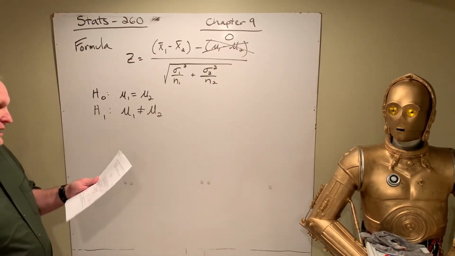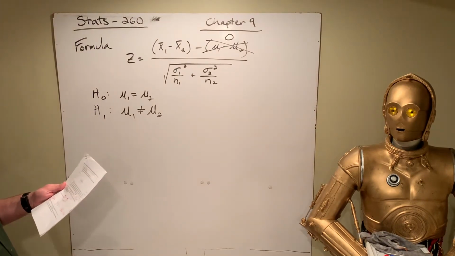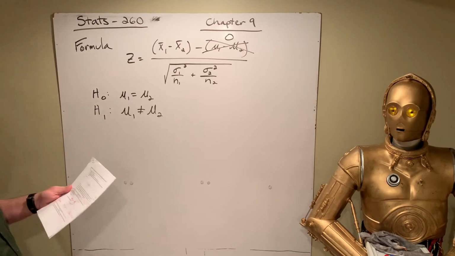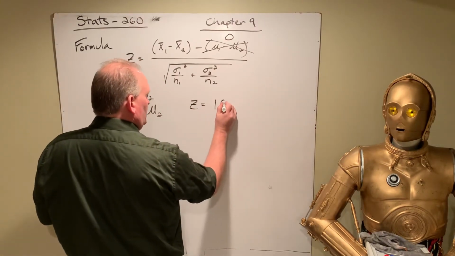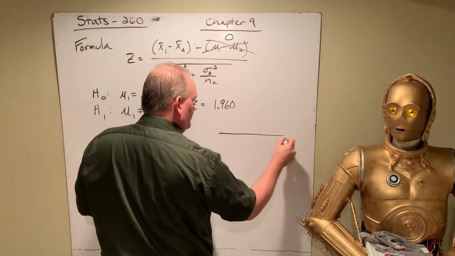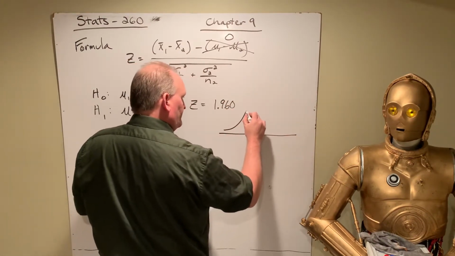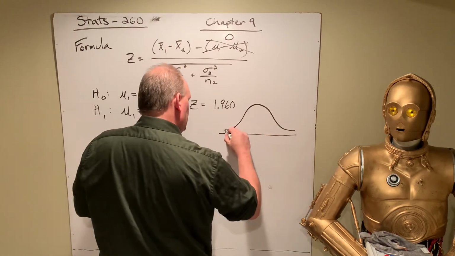So at a 5% significance level, we look that up, 5% two-tailed test. You follow it all the way down to the bottom, and you see z is equal to 1.960. We're going to call that both positive and negative 1.960.